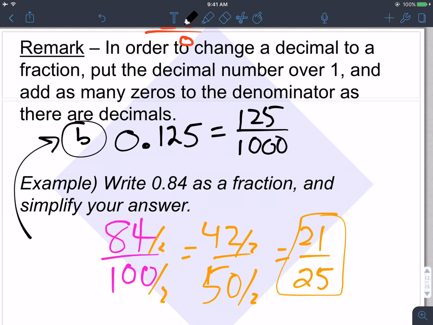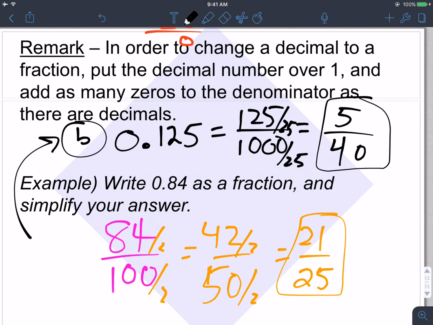And then you have to go through that same process. 25 goes into both of these. So 5 over 40. Thank you. Yeah, I think you're right. 5 over 40. Can you understand? What if you divide by 5? Oh, you're right.